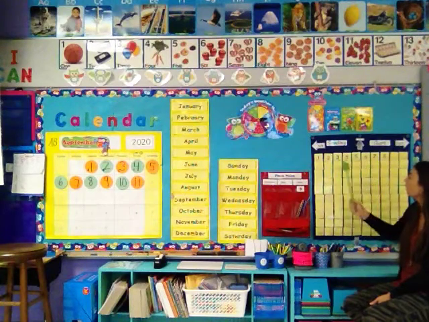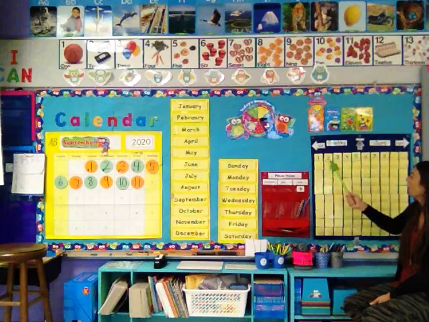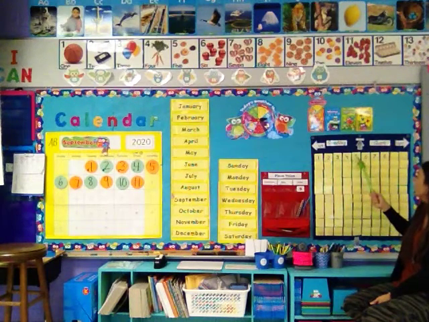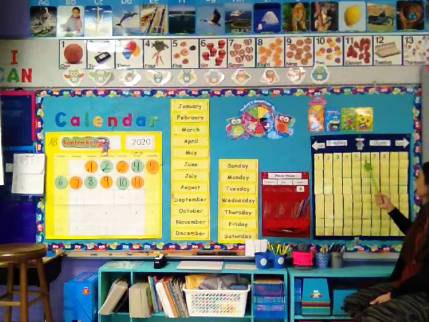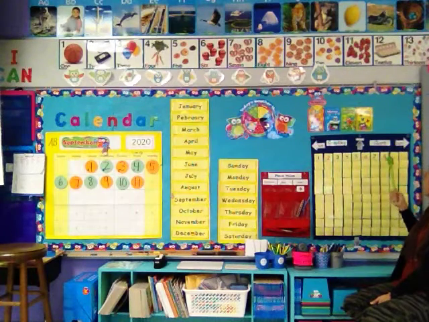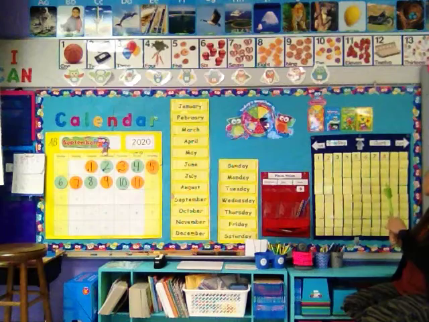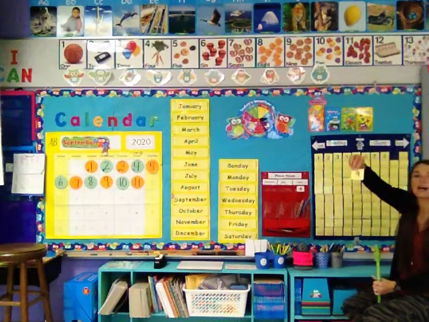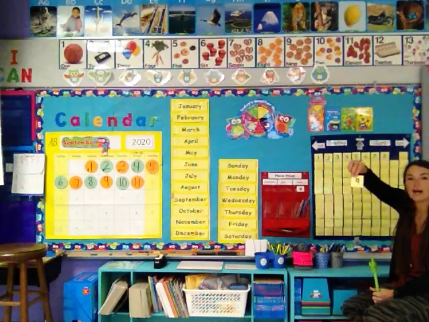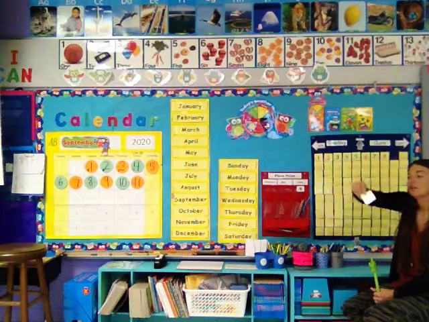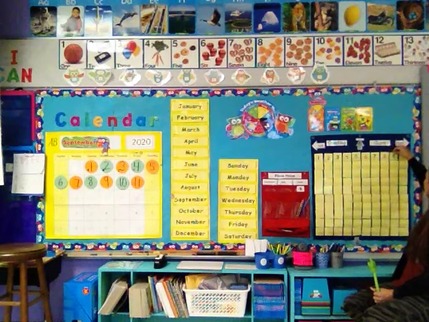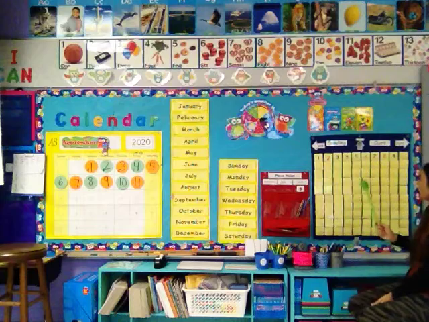So count with me at home. Ready? 1, 2, 3, 4, 5, 6, 7, 8, and next should be 9. And that's the number 9. 9 comes after the number 8. So I'm going to turn it over, and we're going to count again. Count with me.